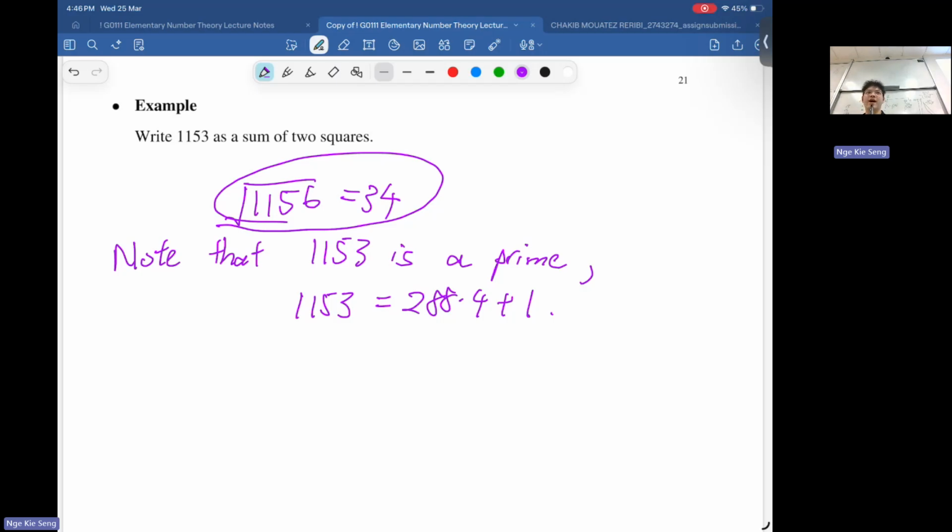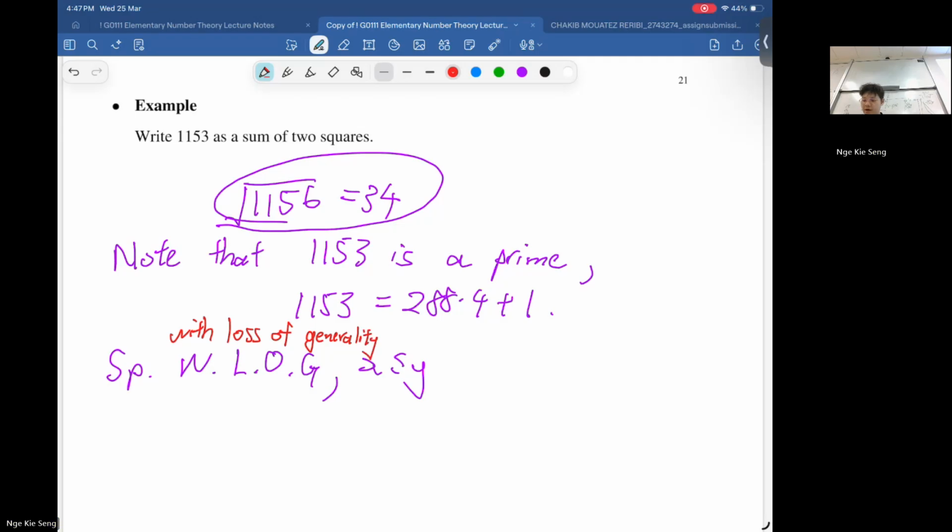If you still remember how we reduce it to square root n, the square root of the nearest perfect square. So in this case, suppose without loss of generality, x less than y. Do you guys know what this is? Without loss of generality. Why do we say that?